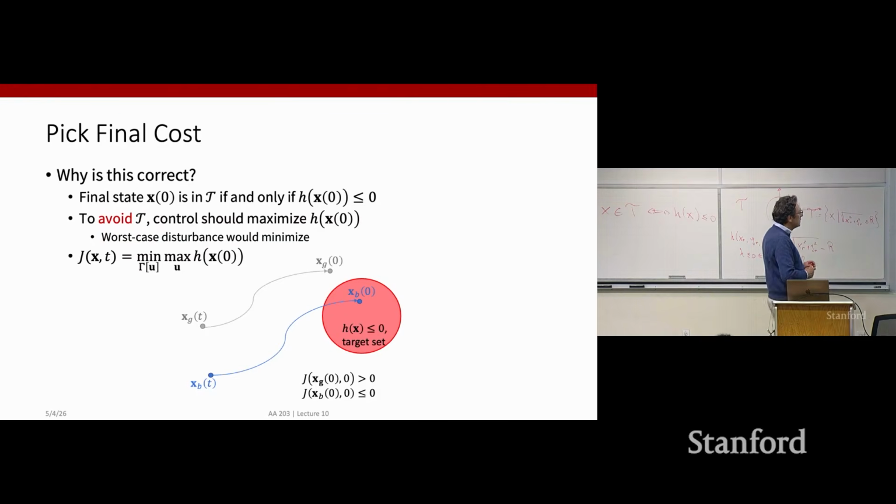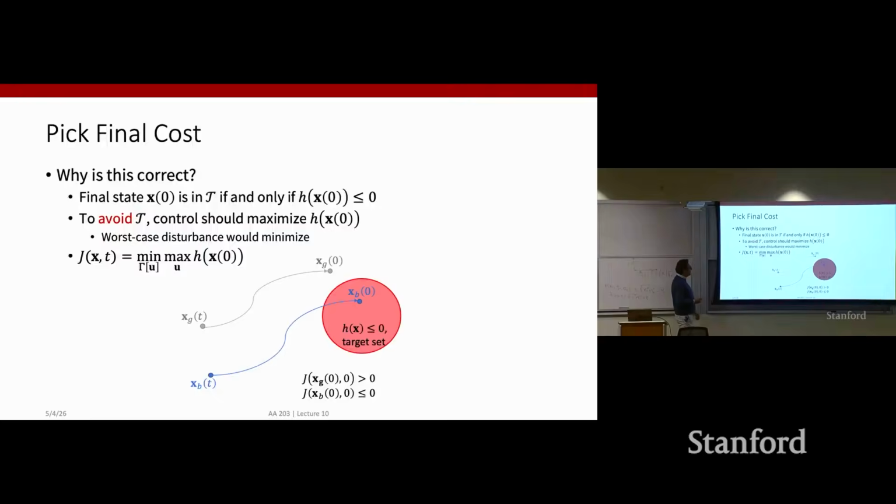And thus, we have reframed the problem of avoidance of a target set as the problem of maximizing over u. We want to stay outside of the set. So as player one, we want to make h positive, while the enemy, player 2, wants to make h negative.